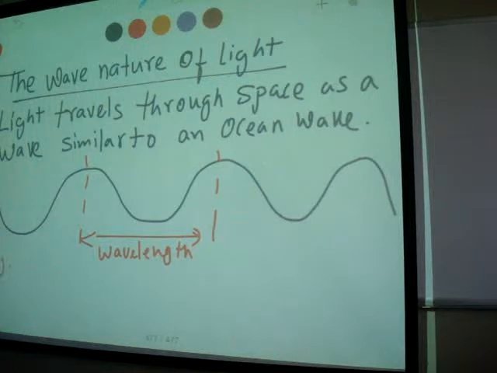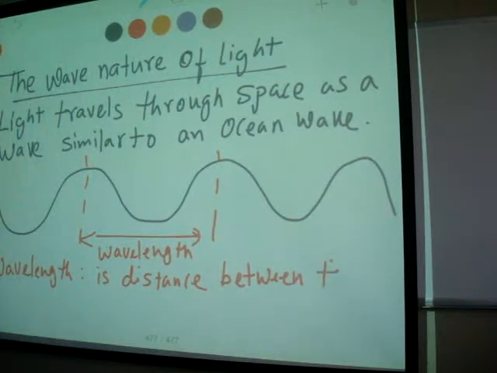Wavelength is the distance between two wave peaks or crests. Two consecutive wave peaks or crests. That's the wavelength.